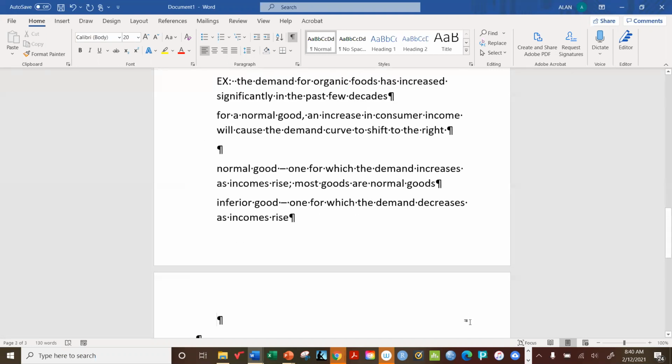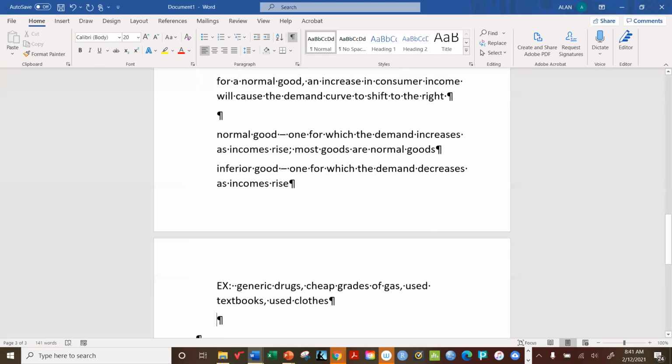We gave some simple examples, like, for example, generic drugs, cheap grades of gas, used textbooks, things that you only buy. Used clothes, if you went to the store and you buy used clothes, for example, anything used, really, when you come right down to it, could be defined as an inferior good.